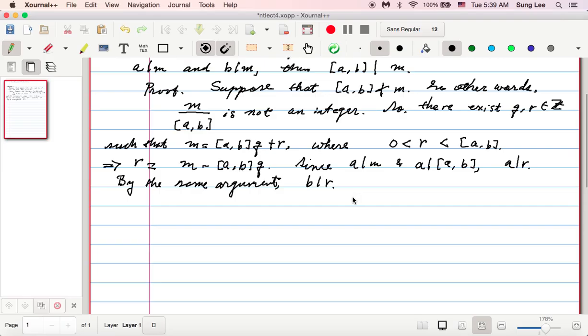So what do we have here? This means that r is a common multiple of a and b.